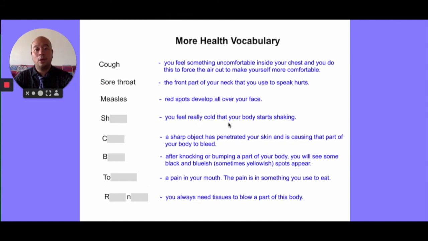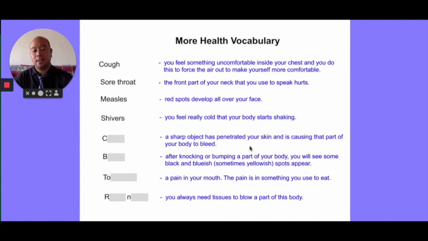You feel really cold that your body starts shaking. Okay, so you're shaking. What's this? You have the shivers. The shivers. A sharp object has penetrated your skin and is causing that part of your body to bleed.